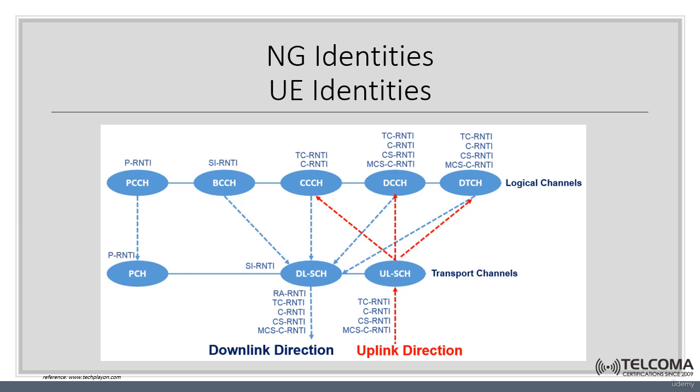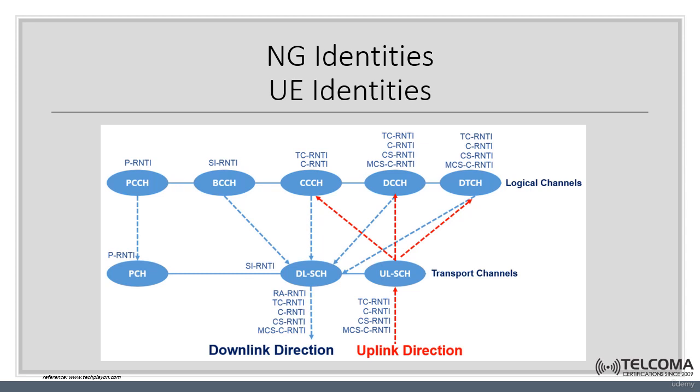So, for example, here in this diagram, we can see that the P-RNTI is transferred over the paging channel, the PCCH, which is the logical channel, and then transferred over the transport channel PCH. We can see also that we have the SI-RNTI, which is used for system information, transferred over logical channel BCCH, and then it is transferred over the transport channel DL-SCH.